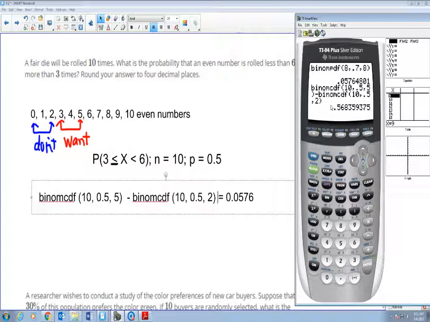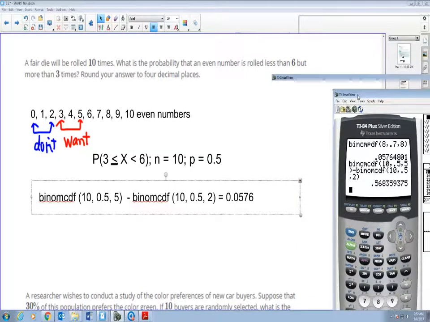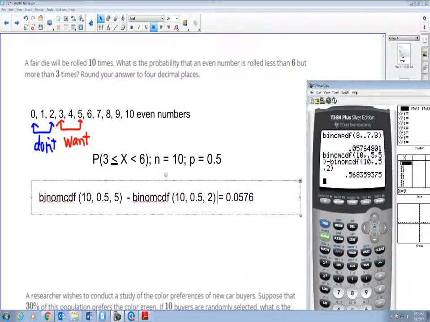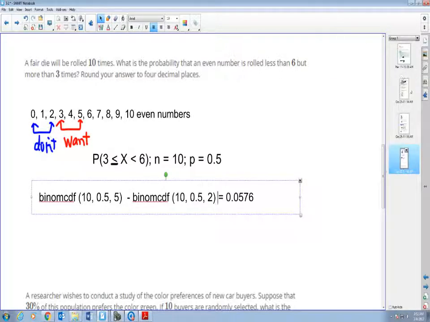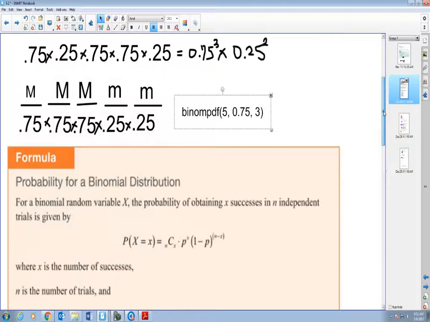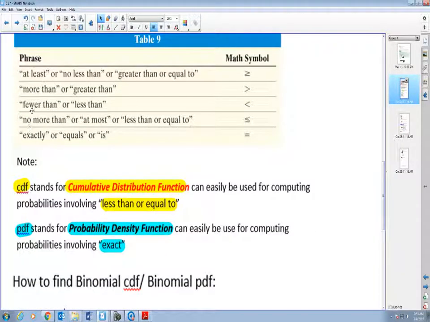Alright, so this answer is slightly off. Let's review the wording. Less than 6. This answer is a little bit too big, and the reason is this. Less than 6, more than 3. More than is actually using the symbol greater than.